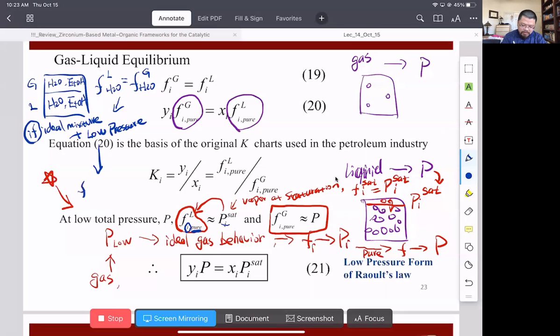We can say this liquid fugacity of water would be the composition, x of water, multiplied by the water saturation pressure. And the fugacity of water in the vapor phase shall be the composition in the vapor phase for water multiplied by the total pressure. Okay.